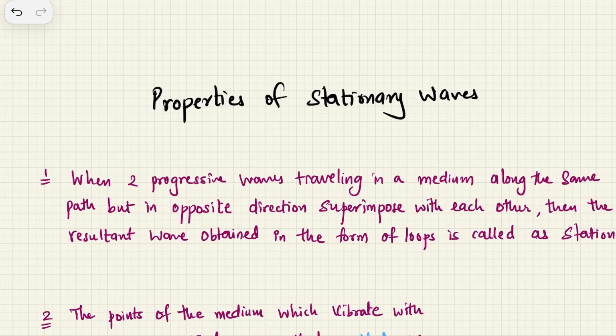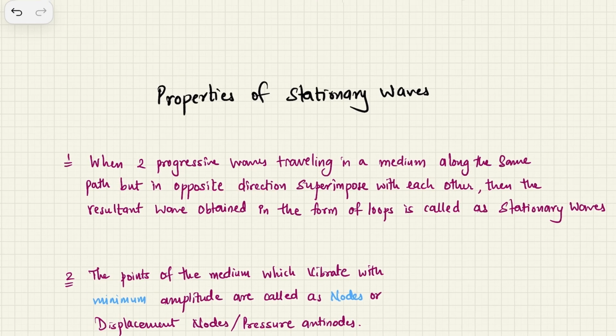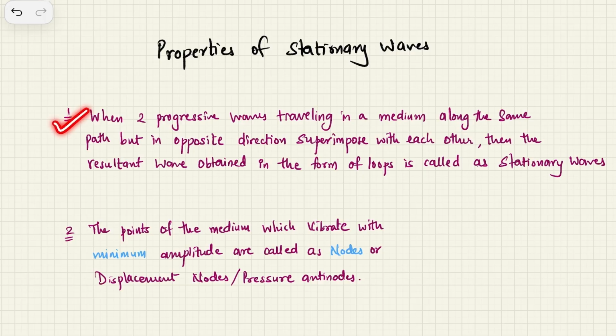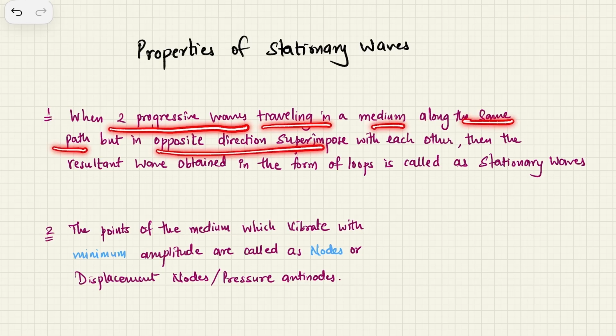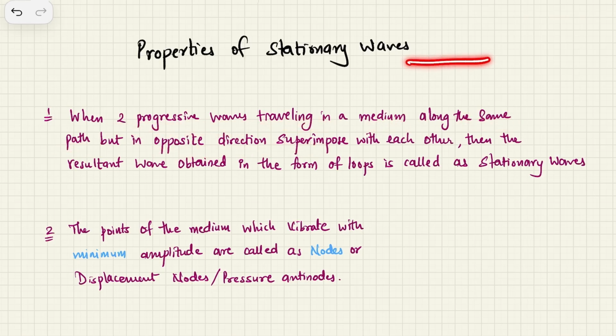Now, in order to do the properties of stationary wave, the first point is basically the definition of stationary waves, which we have been doing in previous videos. So when you get two progressive waves traveling in a medium along the same path but in opposite directions, same path means they should be traveling in the same path, but one going to the right side and one going to the left side.